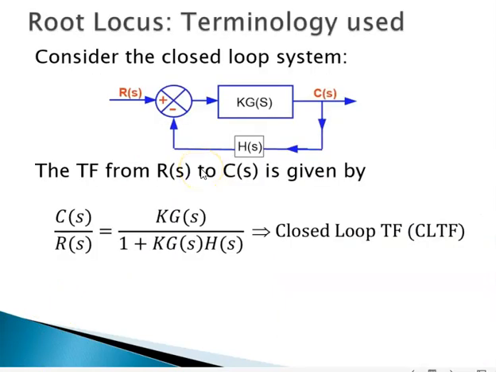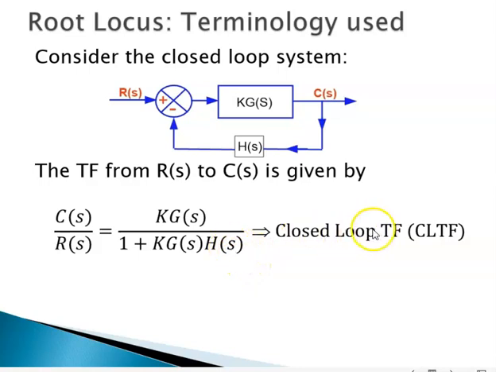Once again, to set the terminology we use and put it into perspective, let us consider this negative feedback system with KG(s) in the forward path and H(s) in the feedback path. You can write the transfer function from R(s) to C(s) as given here, KG(s)/(1 + KG(s)H(s)).